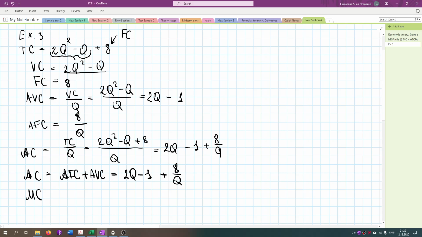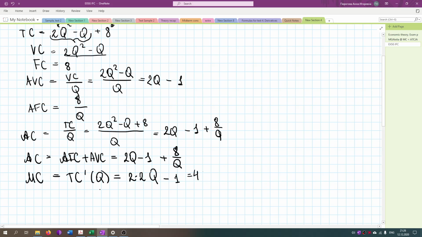And finally, let's find marginal cost. It is the derivative of the total cost by q, and firstly we need to write the constant here, take this power down, 2, and the power here will be 2 minus 1, just 1, and the derivative of q will be equal to minus 1, and the derivative of 8 will be 0, so we will not write it.